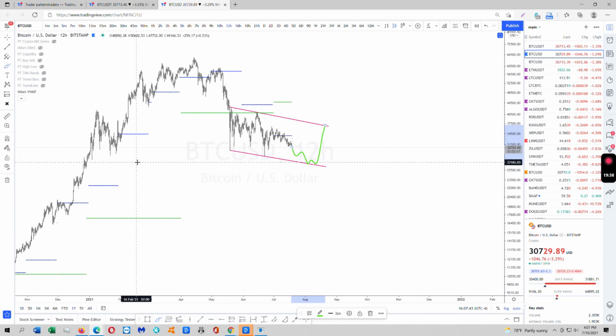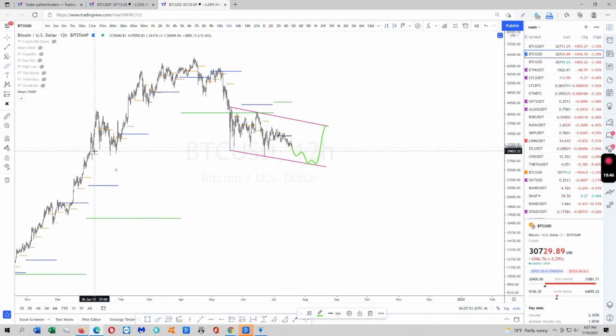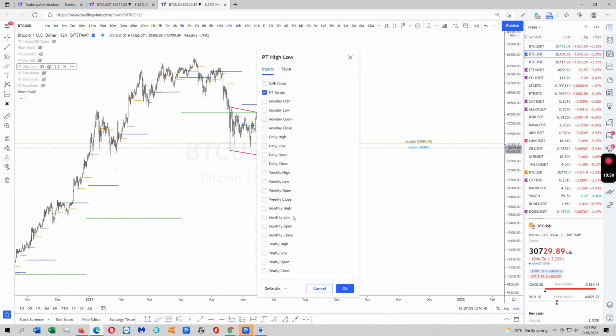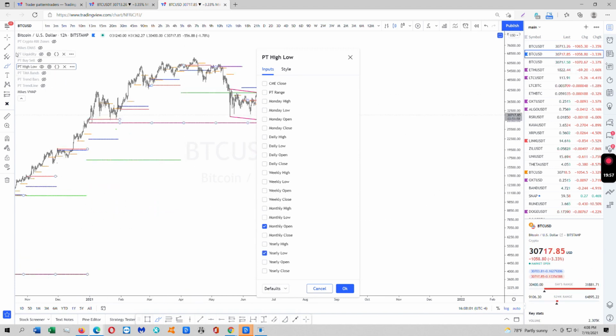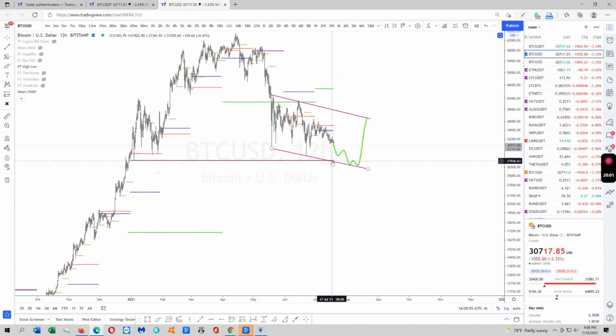And there has to be something here. Let me see what's there right now. Yeah, there you go. So it's the yearly low, give or take around there.